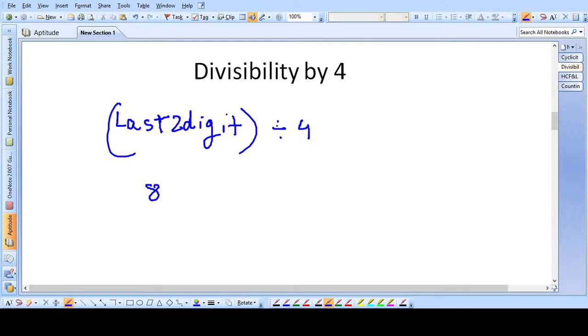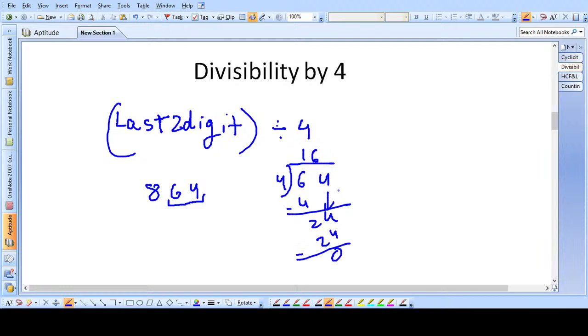Let's take a bigger number, 864. Suppose I have this number and it is asked in the question whether it is divisible by 4. So I have to take the last 2 digits, 64, and divide 64 by 4 and check whether it is divisible or not. So let's check. 4 times 6 is 24, 4 times 16 is 64.